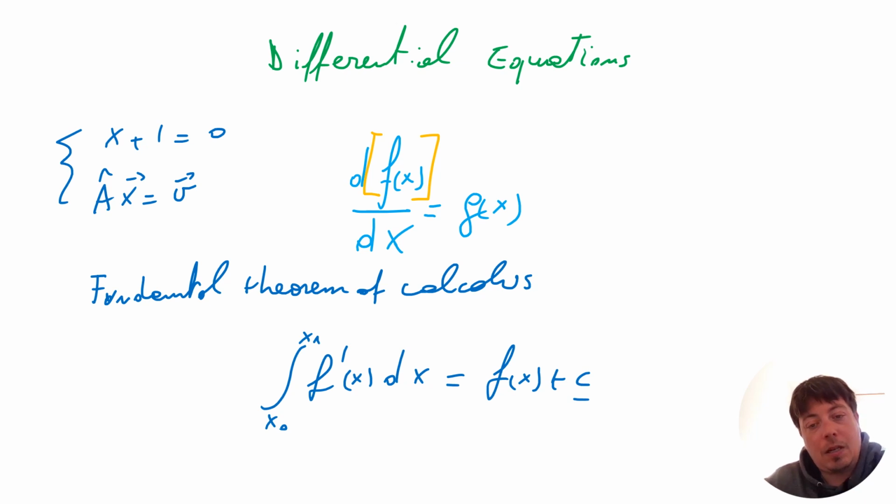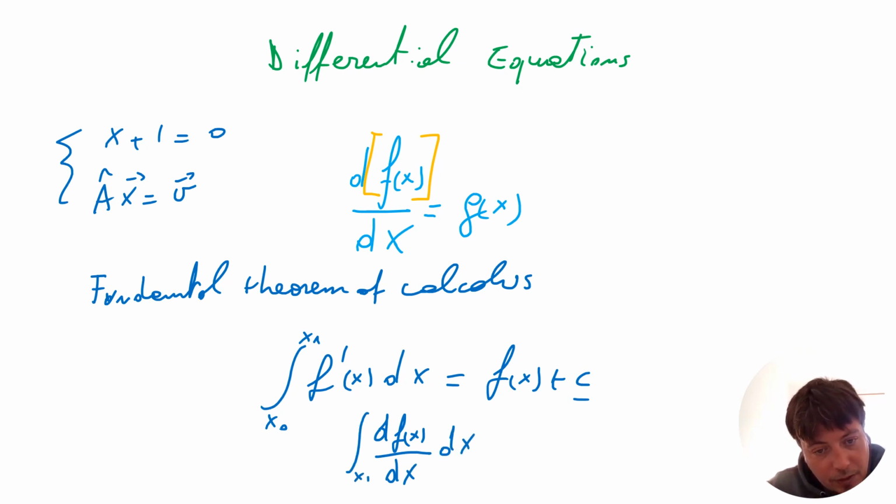Okay, and we can see that because the derivative is basically a variation in f of x over a variation of dx, integrated, so summed over a variation of dx.